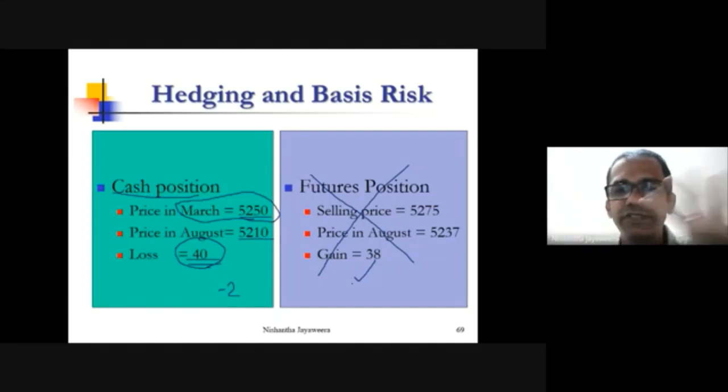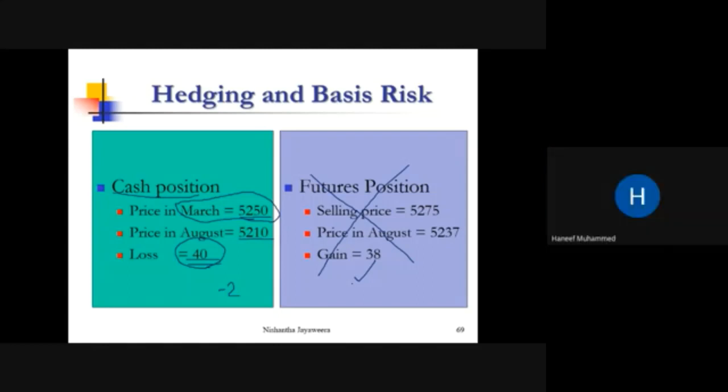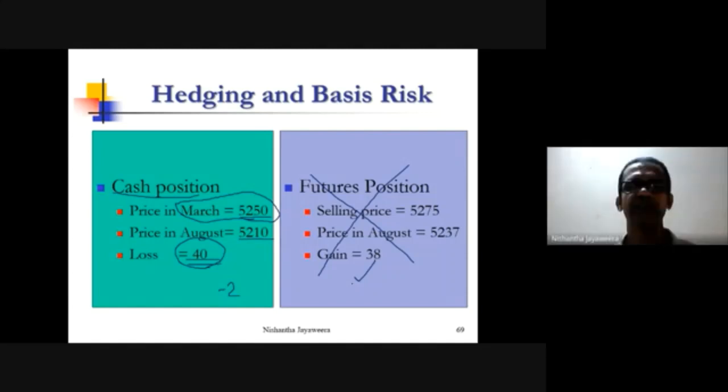Now you have two positions, cash position and the futures position. Your portfolio is a combination of both. Now what is your gain and loss? In August, loss is 40, gain is 38. So net is minus 2. You have minimized your loss.